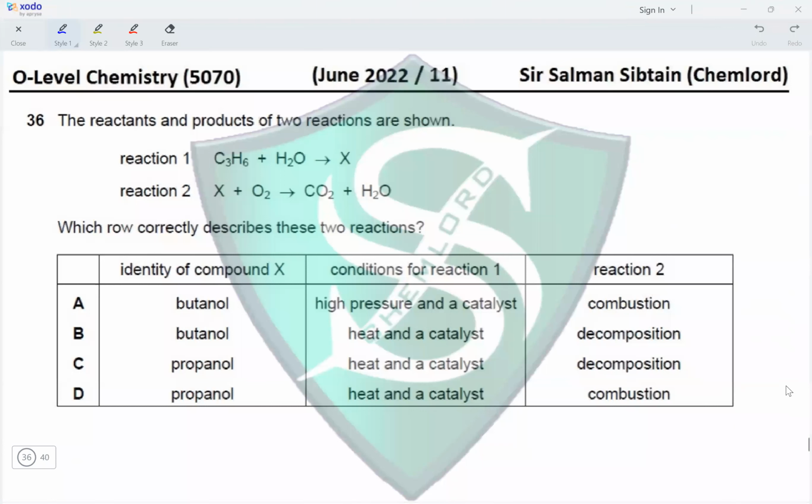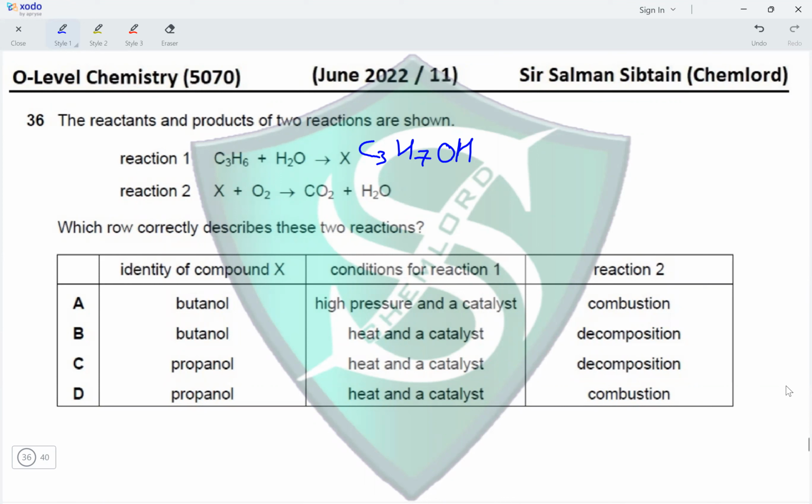Question 36. The reactants and products of two reactions are shown. Reaction 1 is C3H6. C3H6 is an alkene. When it reacts with water, this will form C3H7OH, an alcohol. And in the next example, X reacts with oxygen forming CO2 and H2O.